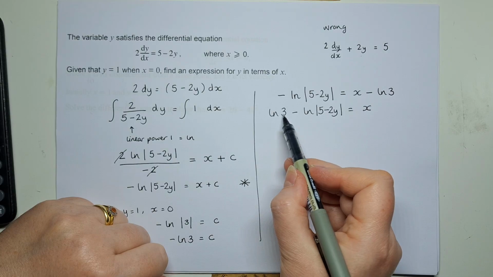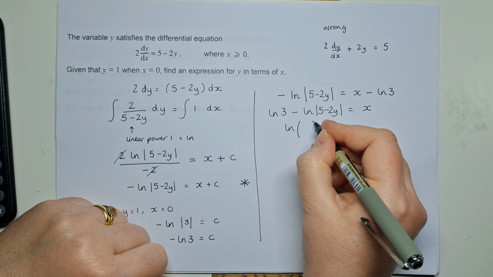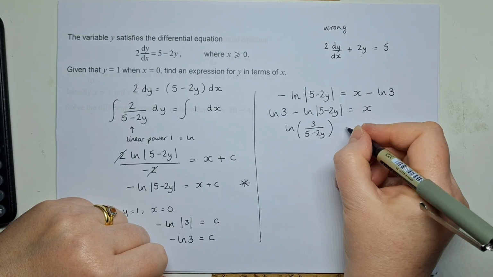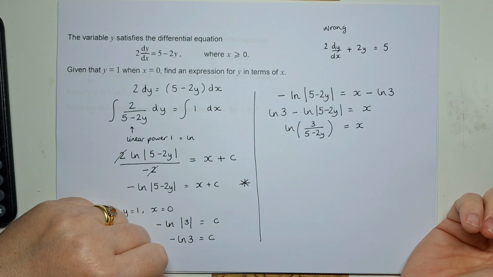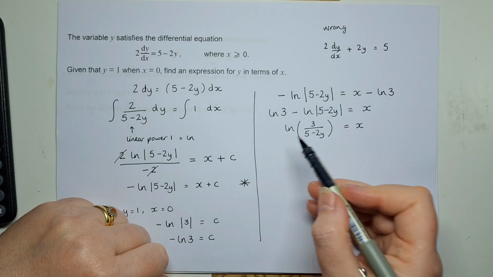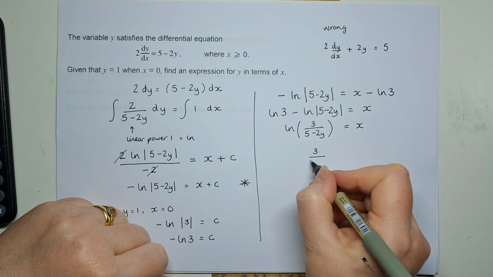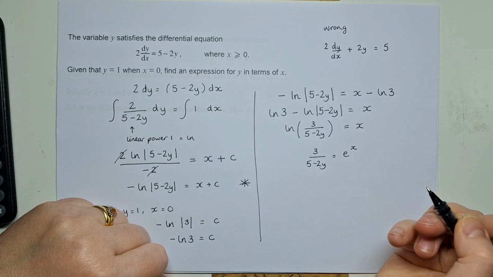We're using log a, take away log b, is log of a over b. I've lost my modulus signs now, but it doesn't really matter, because we're going to get rid of the log now and turn it into an e. So 3 over 5 minus 2y is e to the x.